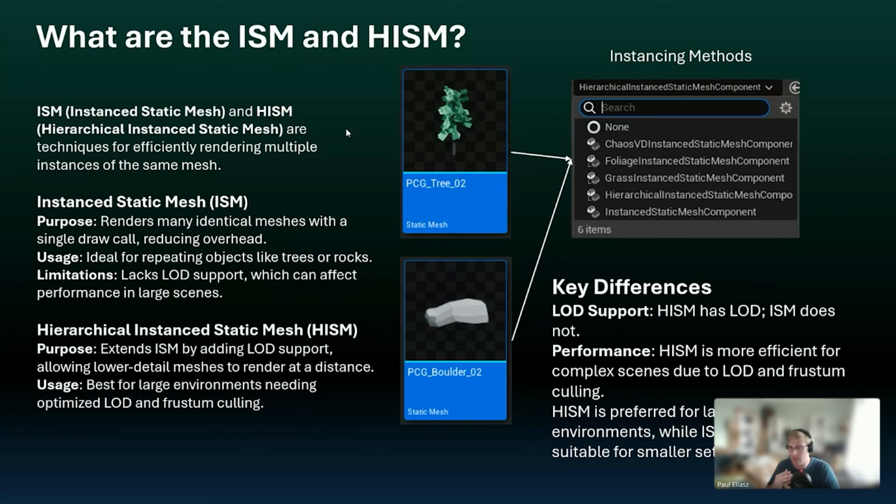The difference between them is that you can do lots of identical meshes at the same time, keep within a single draw call, which also helps to reduce lots of problems in terms of performance. The hierarchical one is the same thing, but you can use the LOD system. In other words, it also boosts extra performance, so whatever distance you are at, closer or further away from something, it will still render, but at lower or higher quality depending on how far you are.